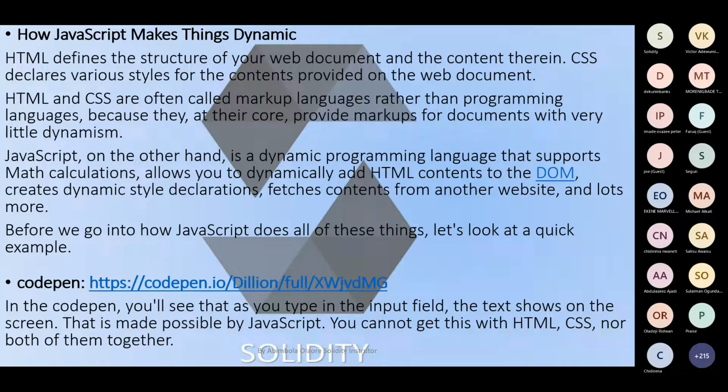In the CodePen, you will see that as you type in the input field, the text shows on the screen. That is made possible by JavaScript. You cannot get this with HTML, CSS, nor both of them together.